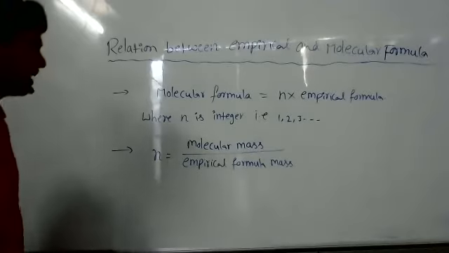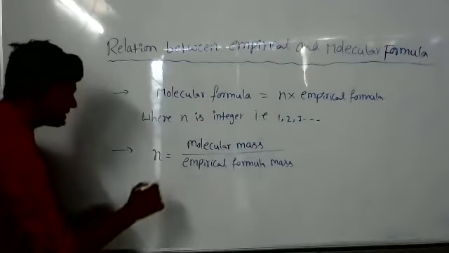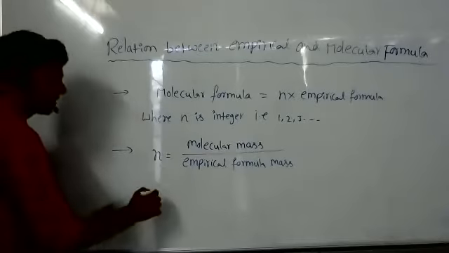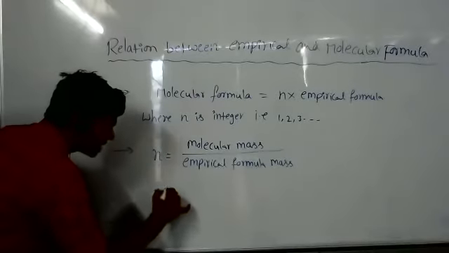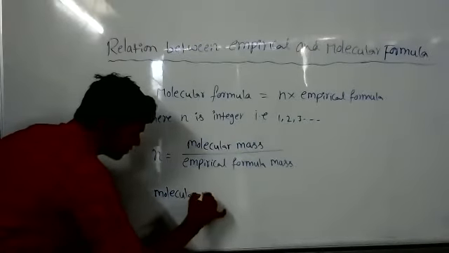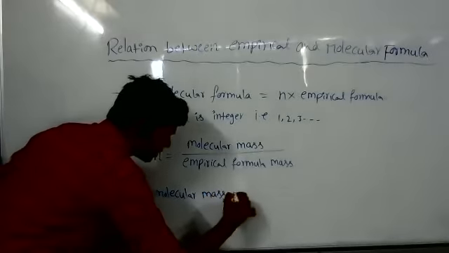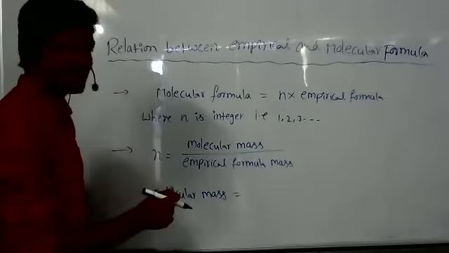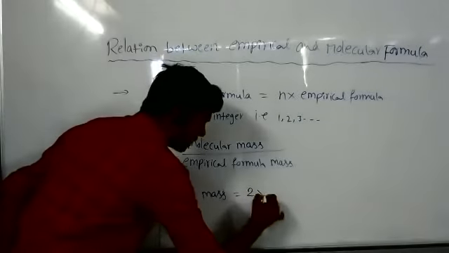Okay. Next formula, the molecular mass formula. While giving the mole concept, I gave the formula for molecular mass. Molecular mass is equal to, generally we calculate molecular mass as the sum of the masses of atoms present in a molecule. So another way is 2 into vapor density.